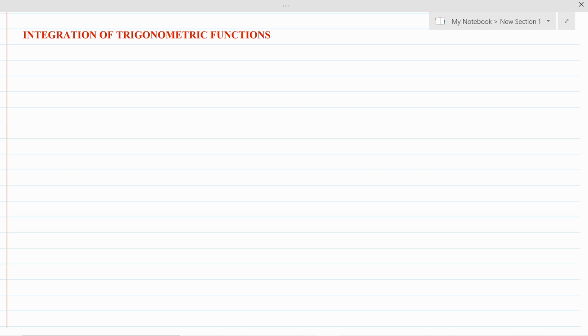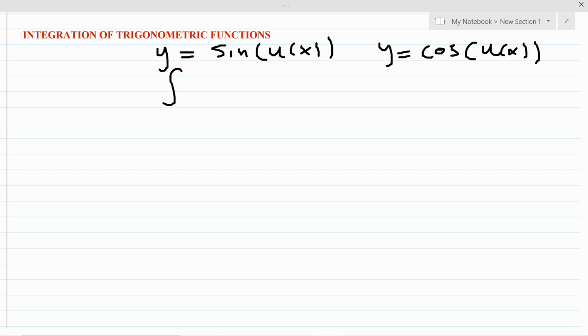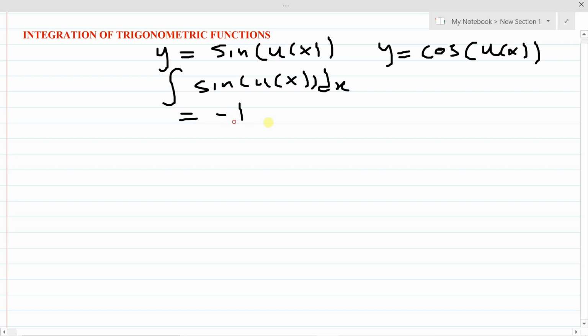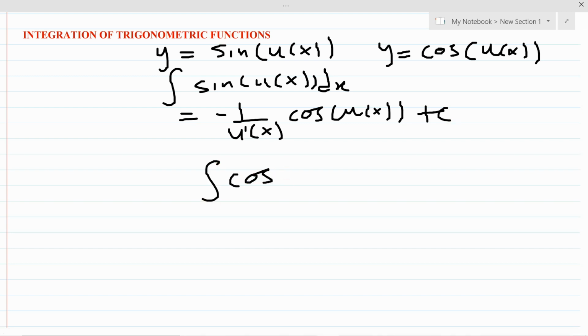Alright, so let's start. If you integrate sine of u of x dx, you will get negative 1 over u prime of x, cos of u of x plus c. Alright, instead if you have the cos of u of x, I want to rewrite this because I want you to always remember this.